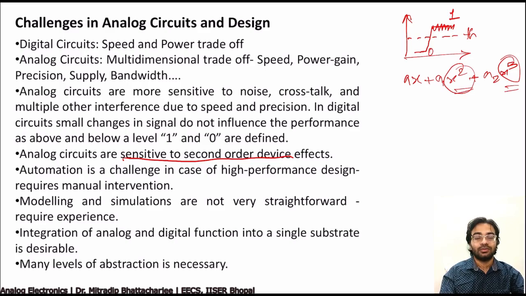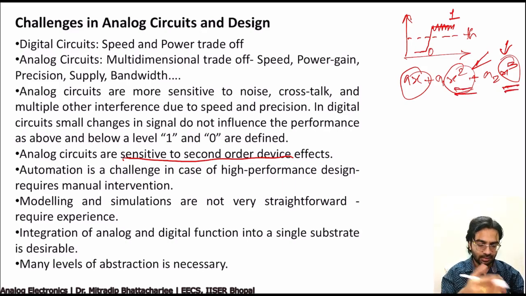One of the purposes of using analog circuits is to suppress these things. Analog circuits are linear circuits, so you will only use the linear term while operating this circuit. But these types of interference may appear, which you need to suppress. I'll discuss it in detail maybe in the next few slides or even in later lectures.